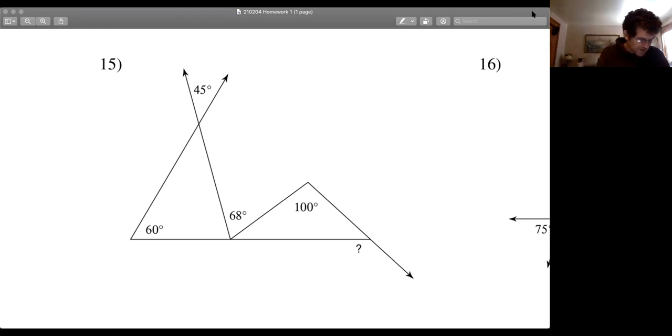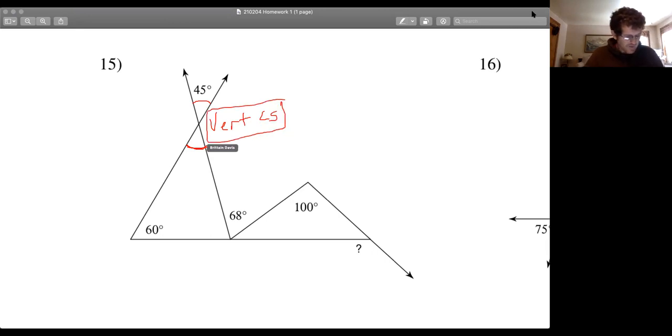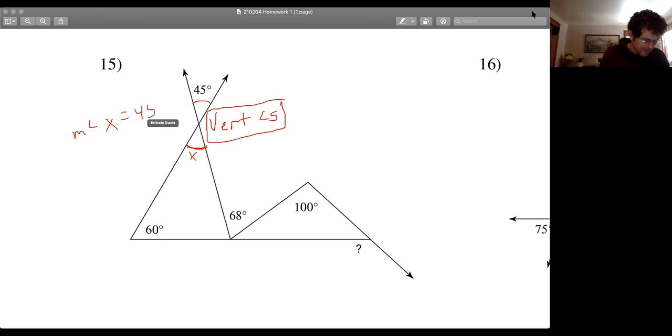But if you aren't seeing it yet, I've got this 45-degree angle right here. And look at that, we've got vertical angles. So I'm gonna go ahead and show that real quick, that these are vertical angles. And what vertical angles tells me, I'm gonna call this X real quick, that tells me that X, the measure of angle X, is gonna equal 45 degrees.